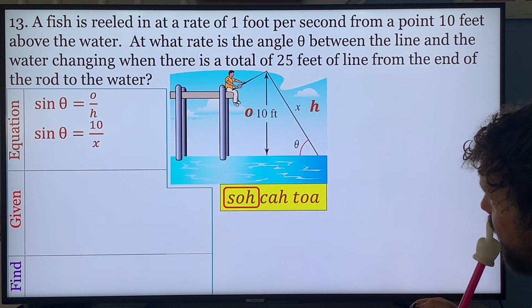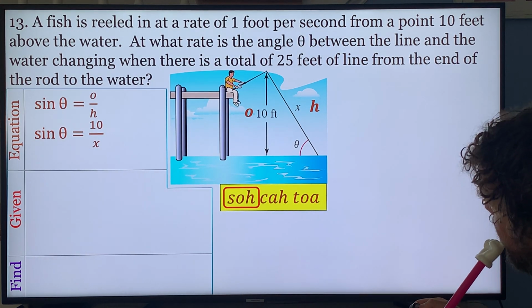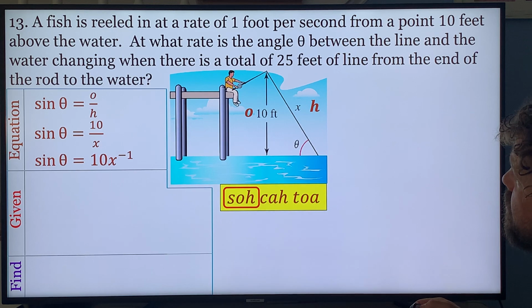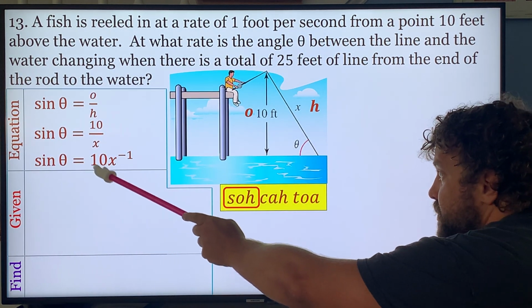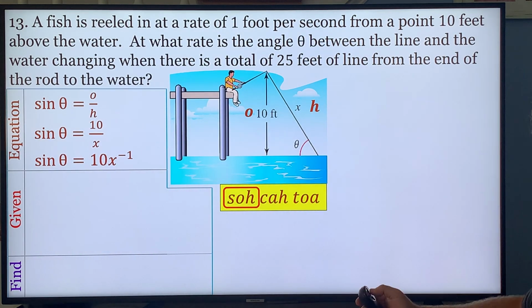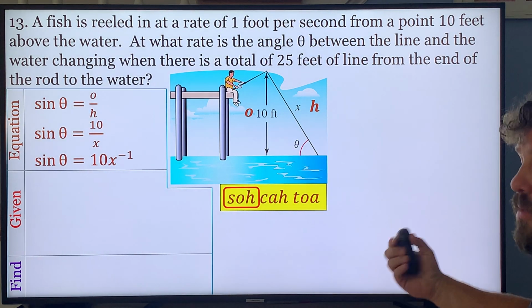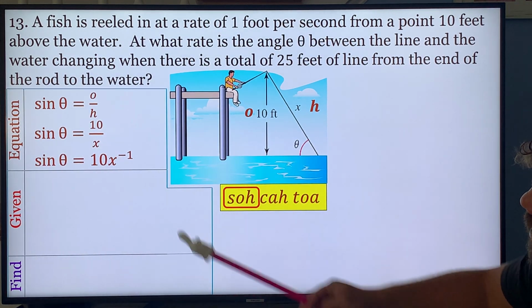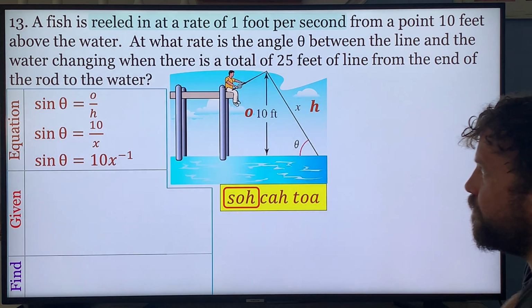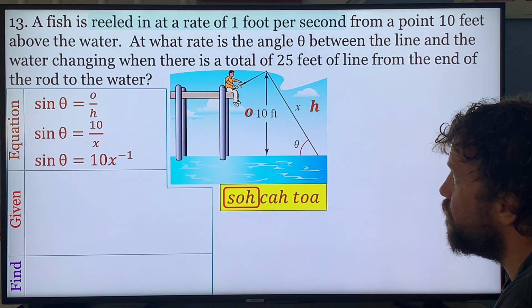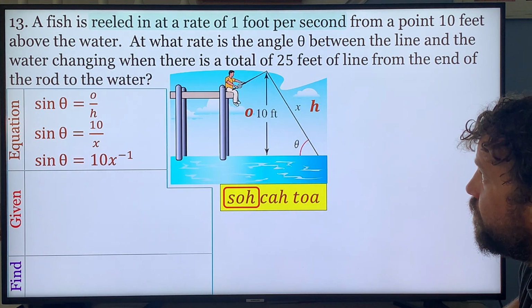Right? Now, what else do we got? If you want to rewrite it, because we're going to derive this, sine theta equals 10 x to the negative 1. It's just easier to derive x to the negative 1 than 1 over x. Given, fish is reeled in at 1 foot per second. What does that mean?